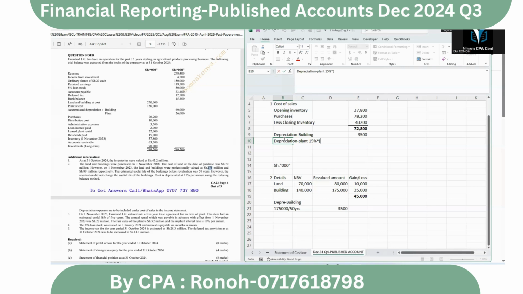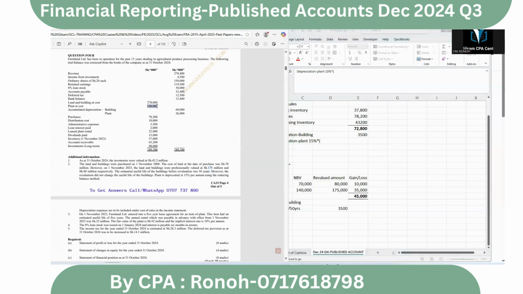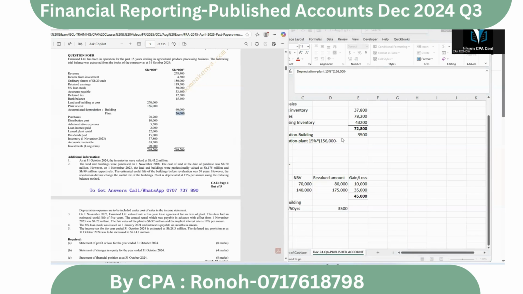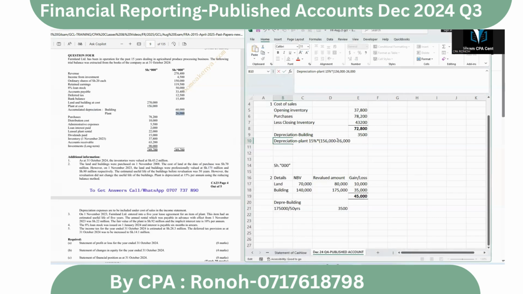Now, take the cost of plant, 156,000. Subtract the accumulated depreciation, 26,000. So once you do that, calculate.